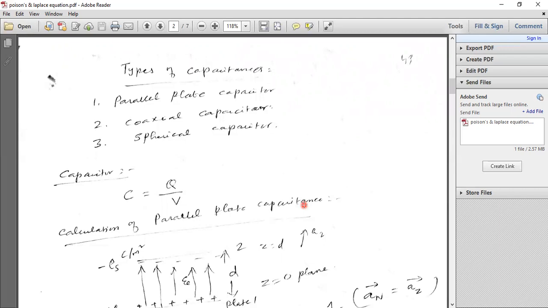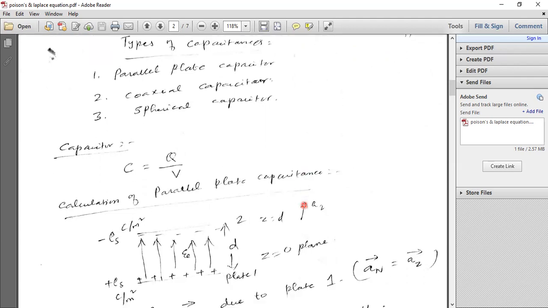The normal method is by the definition of capacitance, C equals Q by V. We have to find Q and V. V is the integral of E dot dl, and if you know the value of E, then you can find V. Then you substitute Q and V to find C. That is the normal method. By using Laplace equation, we can solve the problem more simply, and that is what we are going to see.